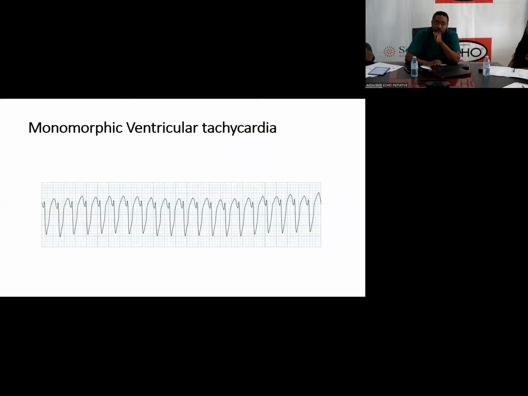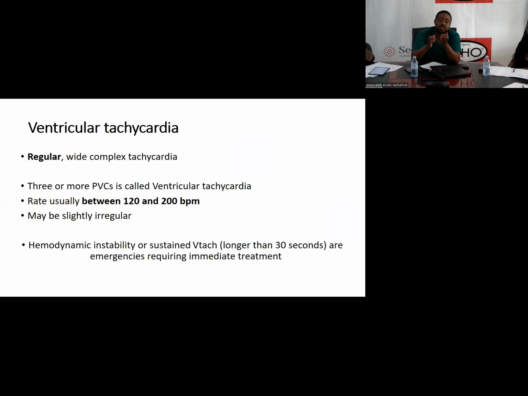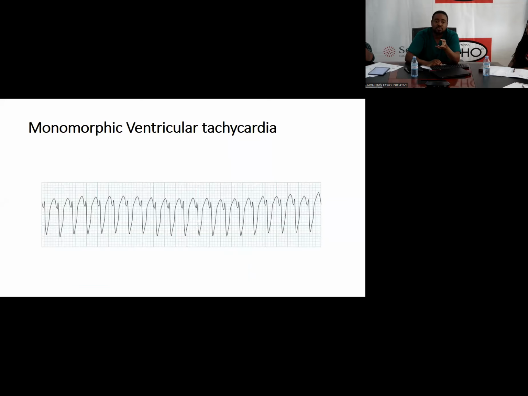Then, so common also is what we call a ventricular tachycardia. This is where we have impulses arising from different parts of the ventricles, and it's really rapid. Because it's arising from the ventricles, it will be wide, it will look bizarre, and it will have a very wide QRS complex. So each time you're evaluating a patient and you see a rhythm that looks like that, think of ventricular tachycardia until proven otherwise.